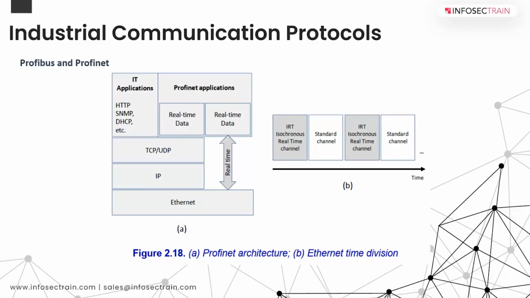Let's take a look at Profibus, which is abbreviated as Process Field Bus. It's a field bus communication standard, originally promoted by Germany and mainly Siemens. It originally started as serial communication by RS-485 cable and also on optical fiber.